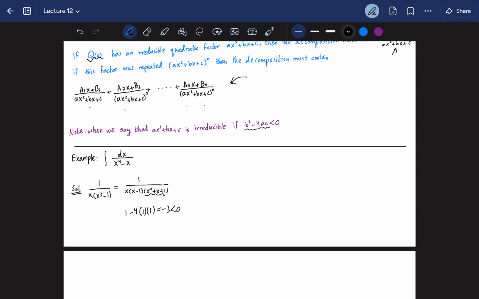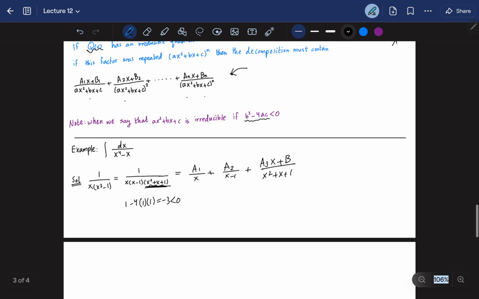So I'm going to stop with these factors. Now nothing is repeated, so I'm just going to use one fraction to represent each one. And since this last factor is a quadratic polynomial, I need to have this in the numerator.